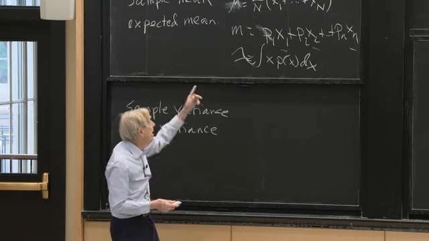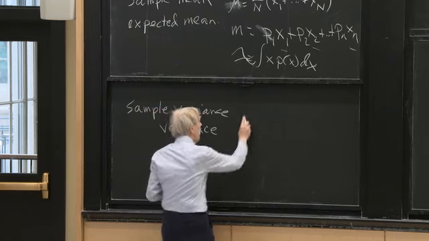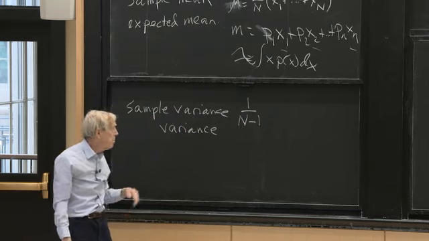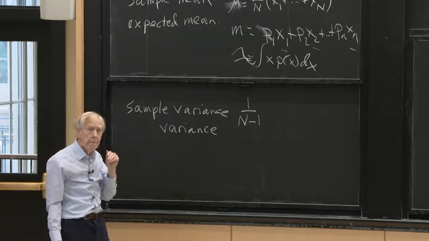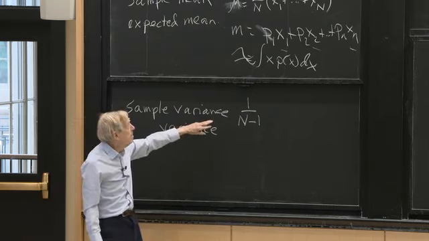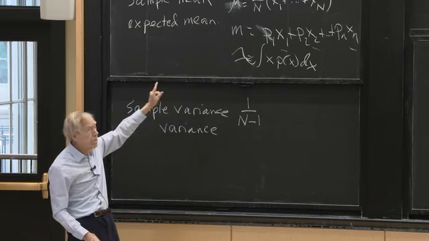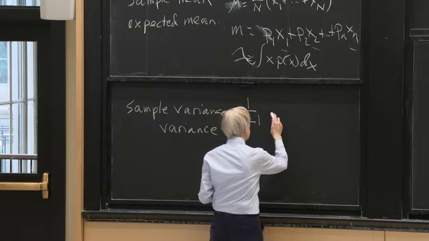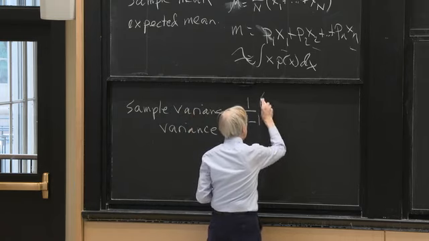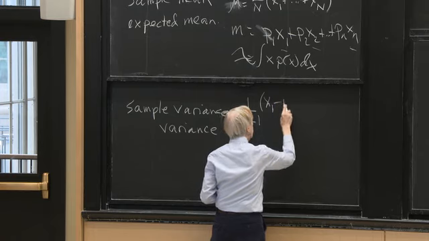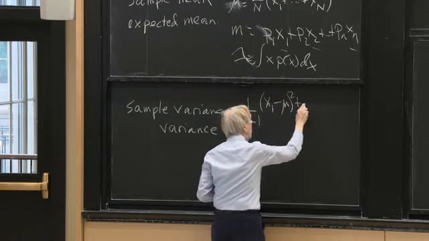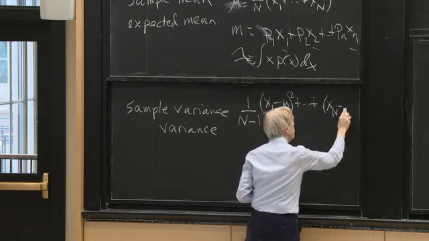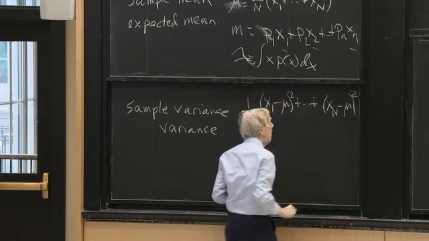So again, we have n samples, but for some wonderful reason in statistics, you divide by n minus 1 this time. And the reason has to do with the fact that you used one. This will involve the mean, so this would be the first output minus mu squared up to the nth output minus mu squared.